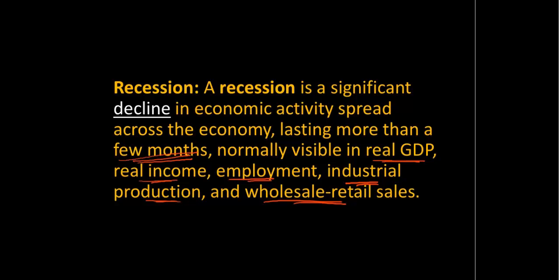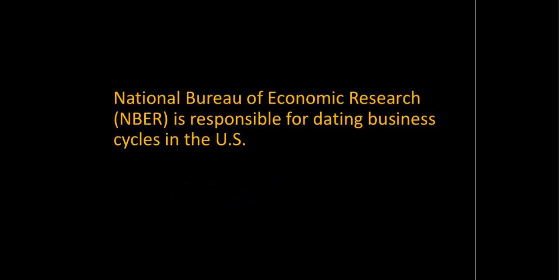The important question arises: who determines when a recession has started and when it ended? In the US, we have a not-for-profit organization called the National Bureau of Economic Research, a group of top economists in the United States, and they have a subcommittee called the Business Cycle Dating Subcommittee.